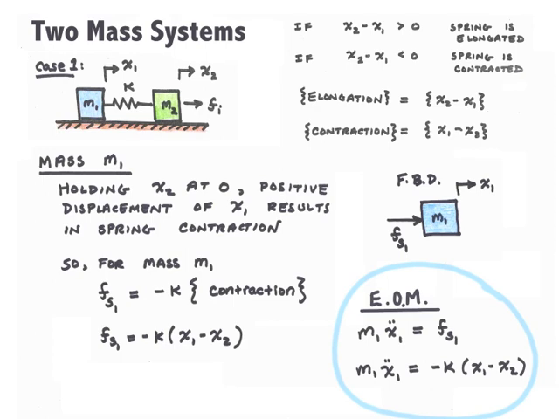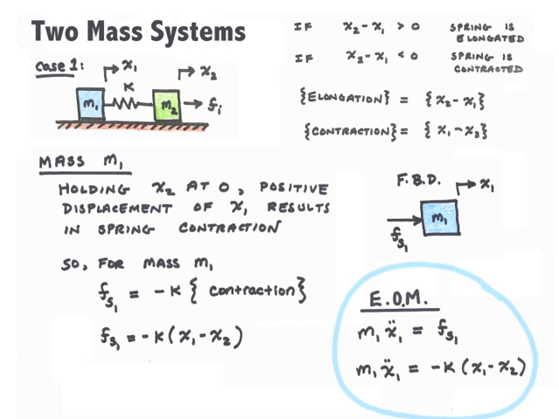Fs1 must be negative if it's drawn to the right, and therefore the relationship has to be Fs1 equals minus K times the contraction. Since the contraction was x1 minus x2, we have the equation Fs1 equals minus K times the quantity x1 minus x2. So now we found the relationship between the two displacements, x1 and x2, and the spring force on mass 1.